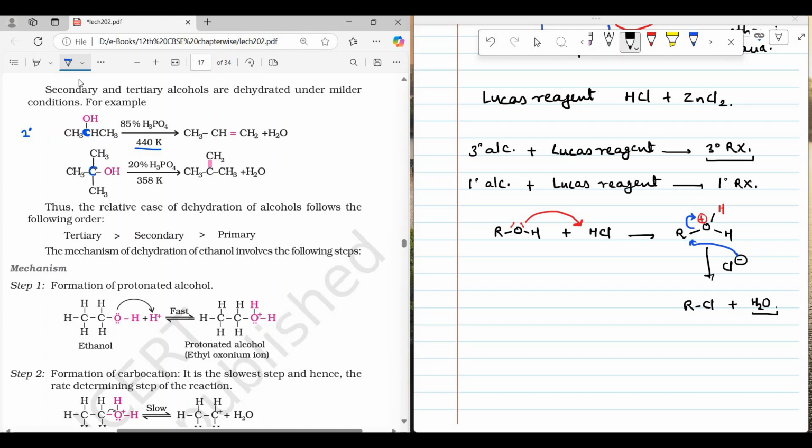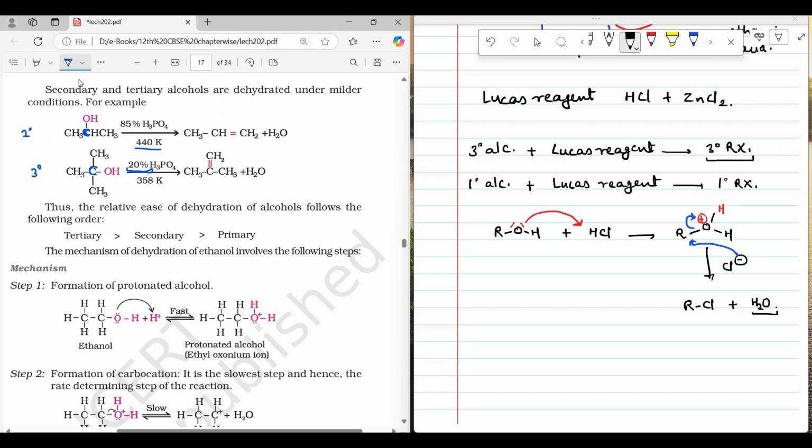Here this is the alpha carbon to which OH is bonded, and this alpha carbon is bonded to 3 alkyl groups. So that's why this is tertiary alcohol, and it undergoes dehydration at 358 Kelvin temperature with just 20% phosphoric acid. Thus the relative ease of dehydration of alcohol follows the following order: tertiary alcohol reacts faster than secondary, which reacts faster than primary.